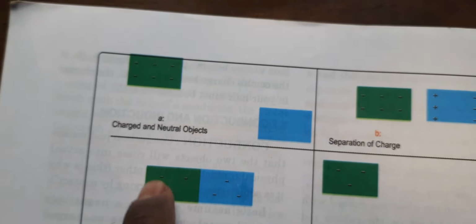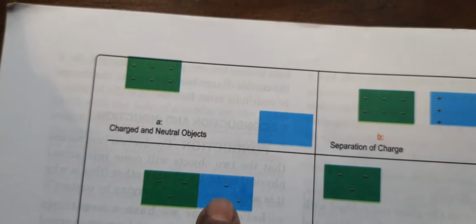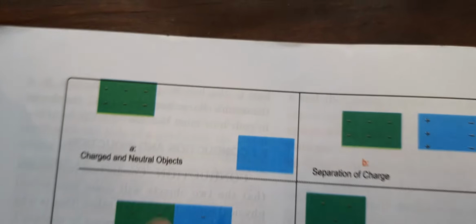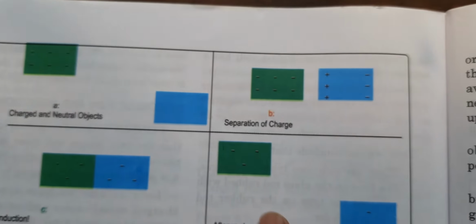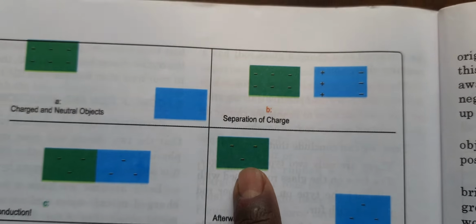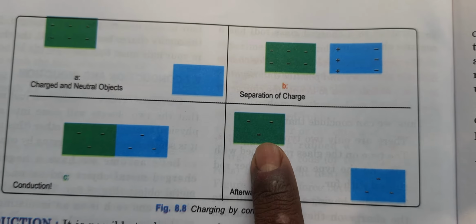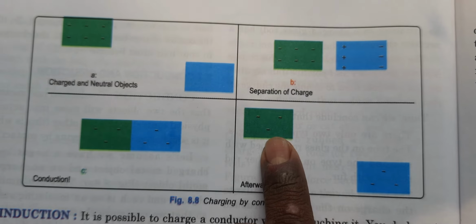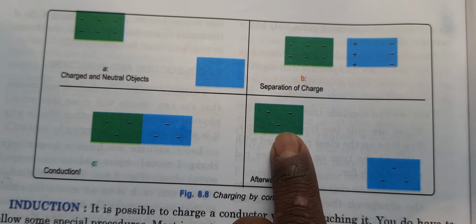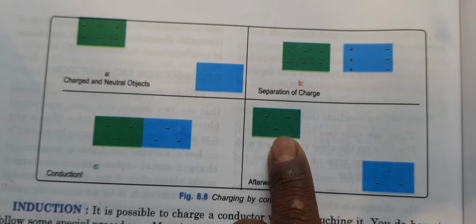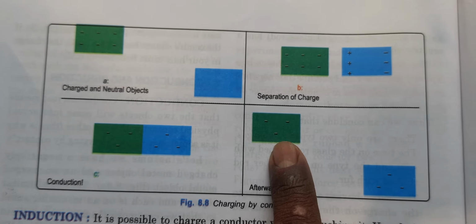So here also, after touching, there are 1, 2, 3, 4, 5, 6 negative charges. Before touching also there were 1, 2, 3, 4, 5, 6 charges. So this is the law of conservation of charge. That means the bodies get charged obeying this law. No new charge is created and no existing charge is destroyed.